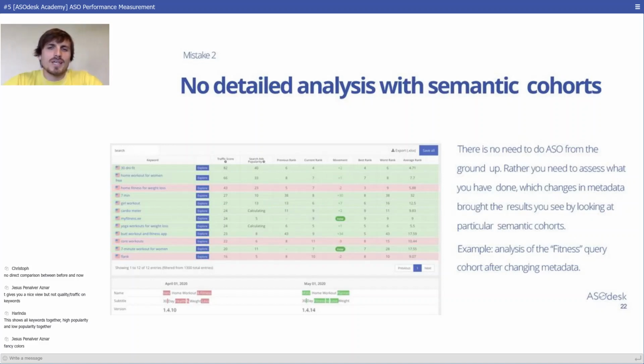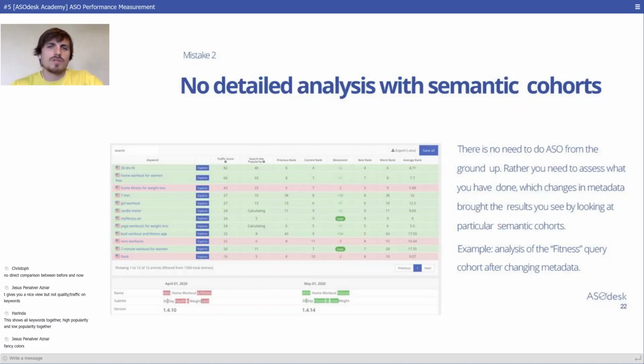However, such App Store optimization managers are not dividing the semantic core into different tabs, into different groups of keywords.